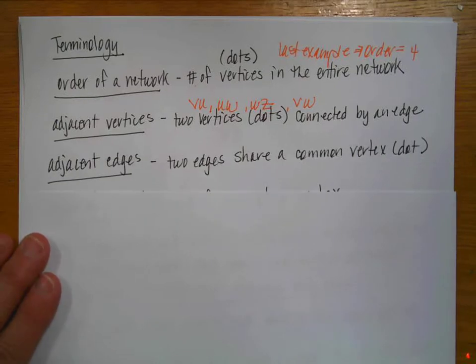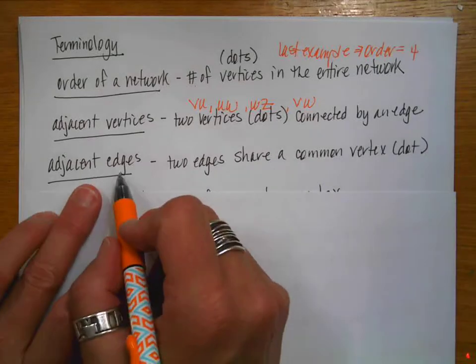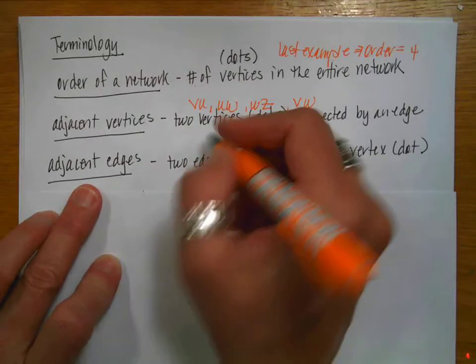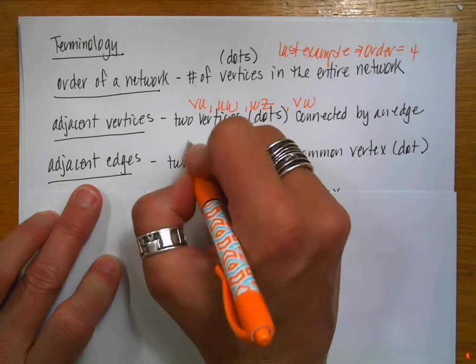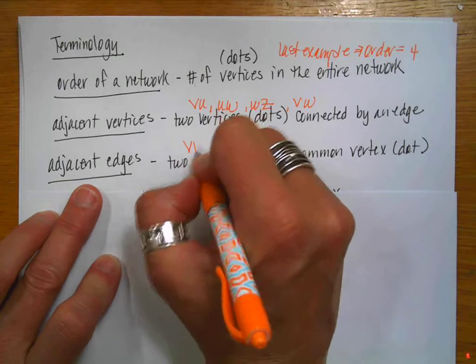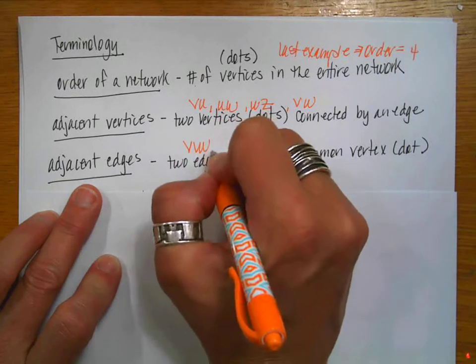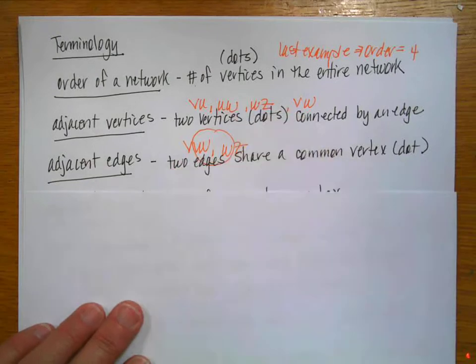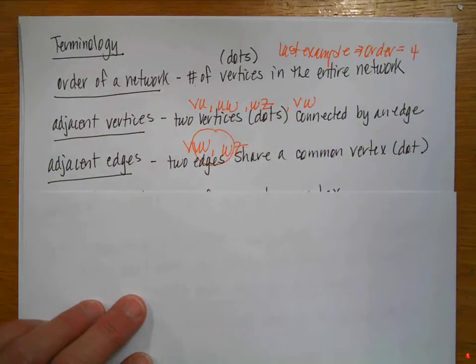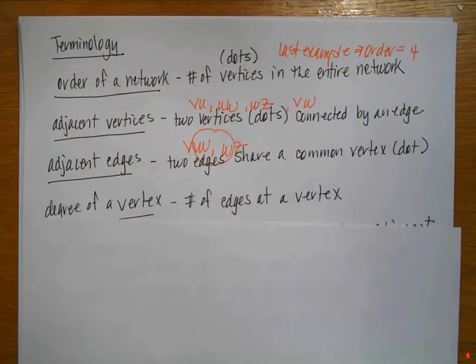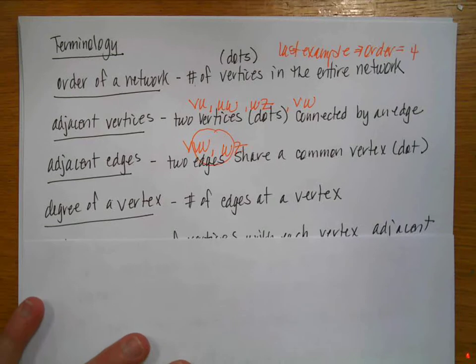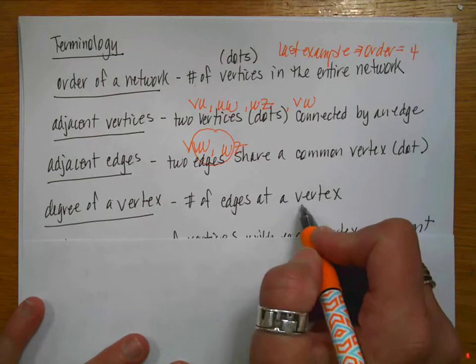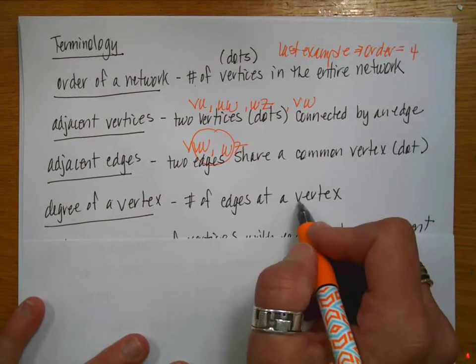Adjacent edges are two edges that share a common vertex. So in this one, for my adjacent edges, and again I'm using the last example, maybe I had VW and WZ, because they both shared a common vertex W. The degree of a vertex means the number of edges at a vertex.